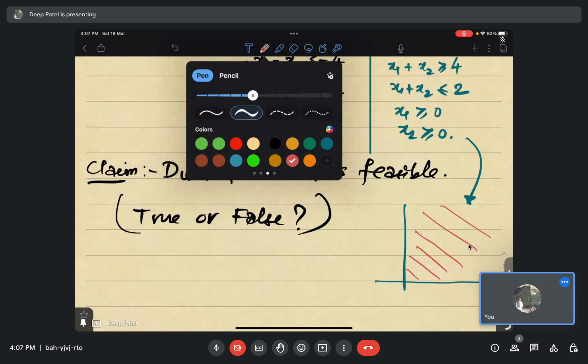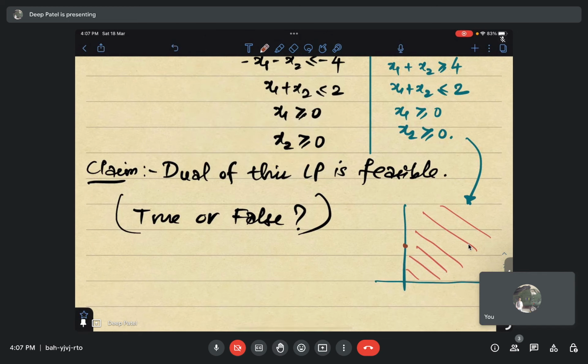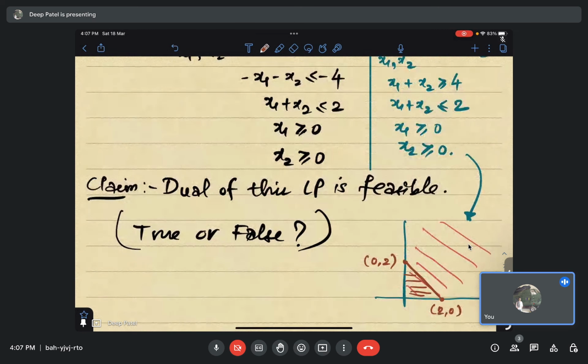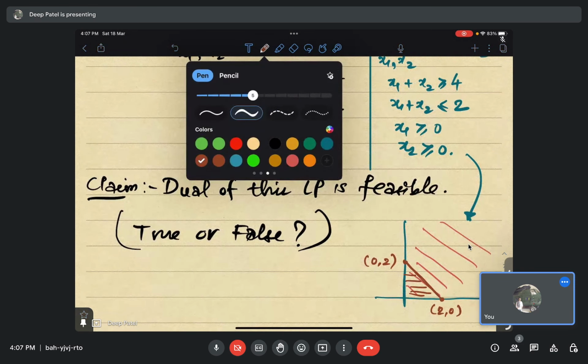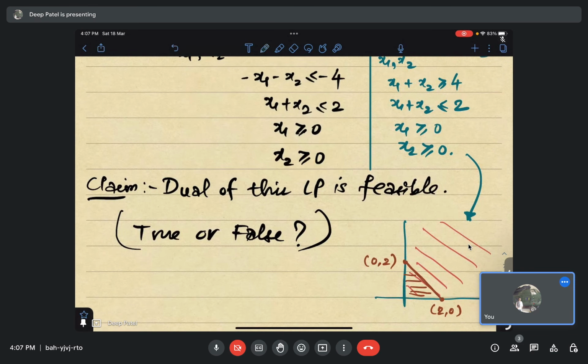So let me take a color. Yeah, these are parallel lines, they are disjoint. So it is this region, right? And similarly, like you said, the other case.